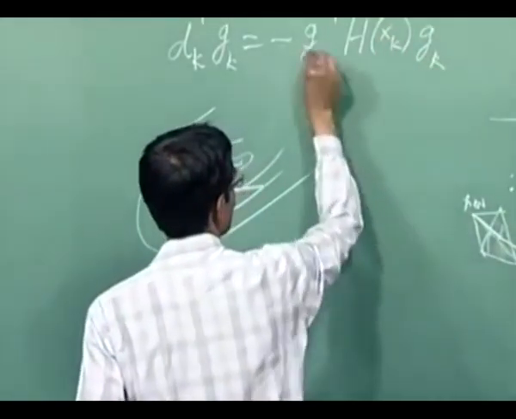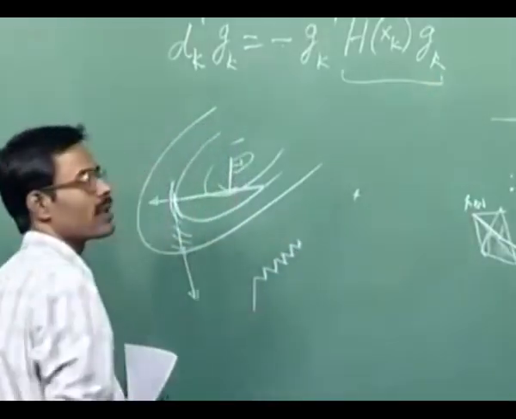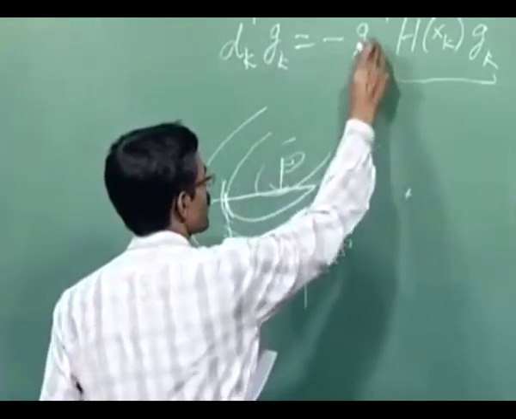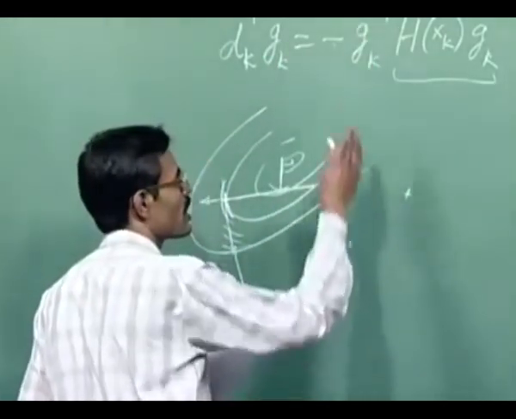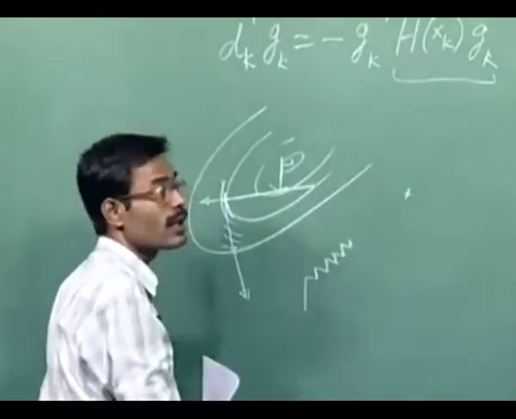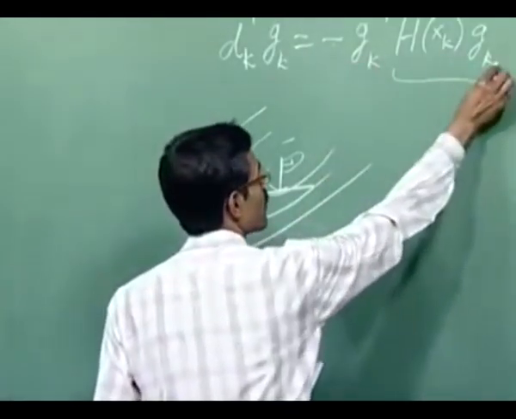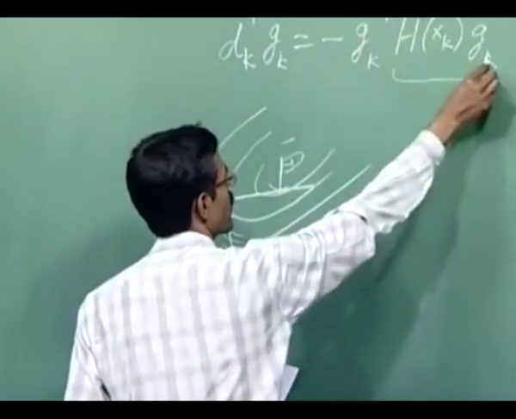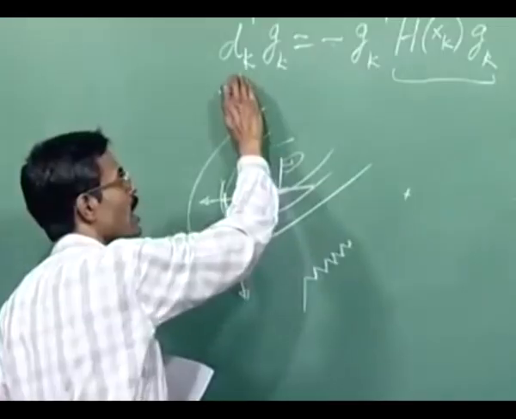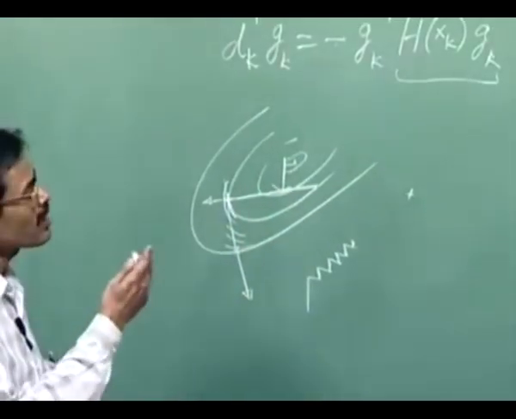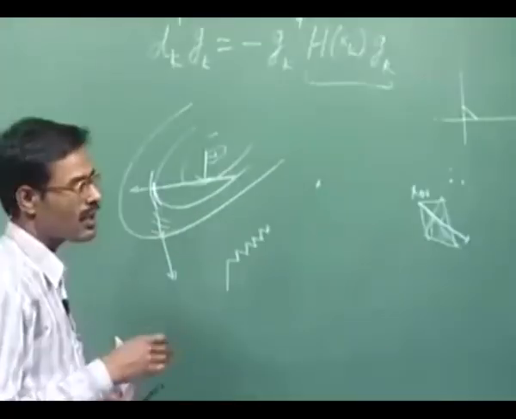See, minus this is the direction d_k. With that you take the inner product with g_k, that is g_k transpose, put here, multiplied here. So you get this. So if the Hessian is positive definite, then this is positive for all g_k, and that means with this negative sign this is negative, and that means the direction suggested by Newton's method, that is minus H into g_k, is a descent direction.